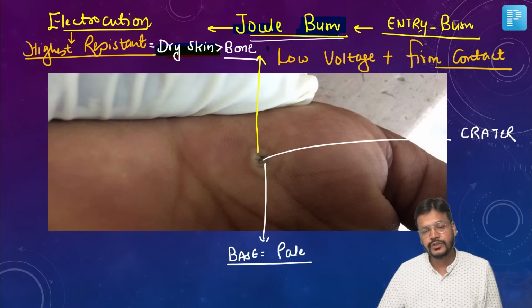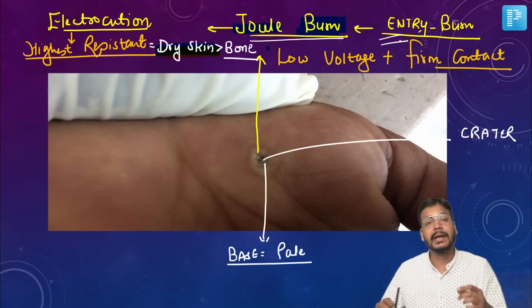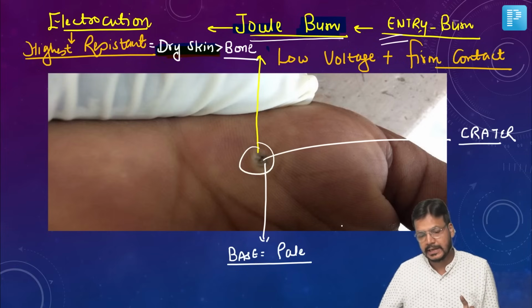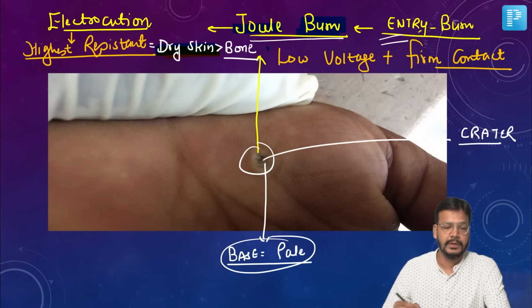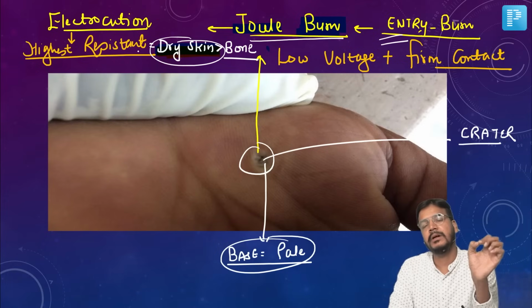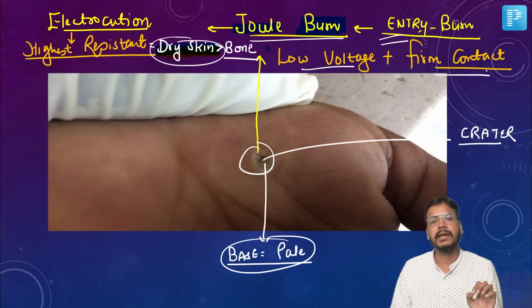Electrocution, we have first the Joule burn. Joule burn is actually an entry burn. It is just like a crater and the base is pale. And observe, the most resistant structure of your body for any kind of burn is dry skin. Second is bone. And Joule burn is commonly seen when you have low voltage and firm contact.